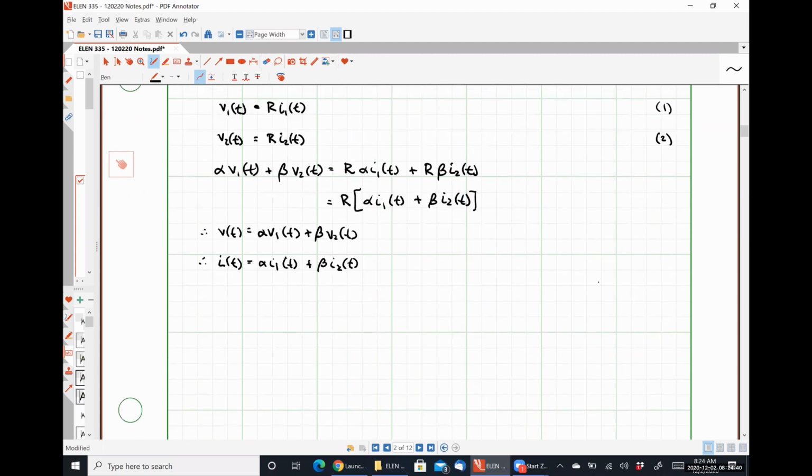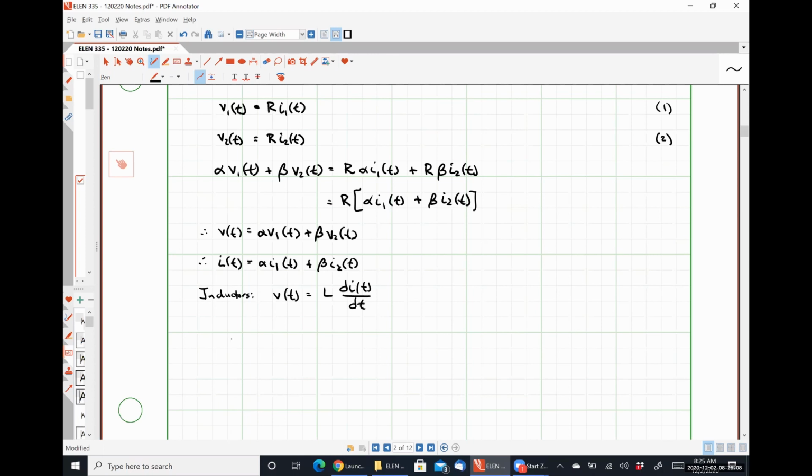So for an inductor, our voltage current relationship, V of t is governed by V of t is equal to L di by dt, right? So what we're effectively going to prove is that the derivative operation is a linear operation.